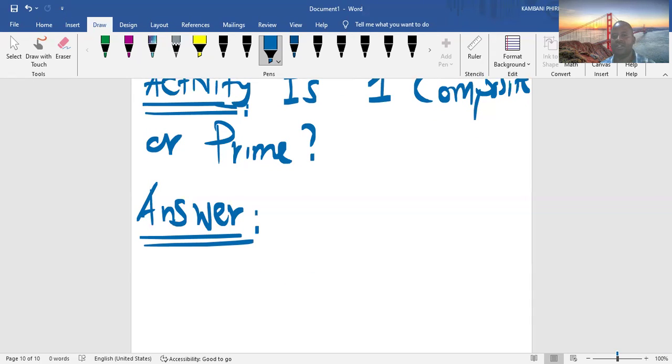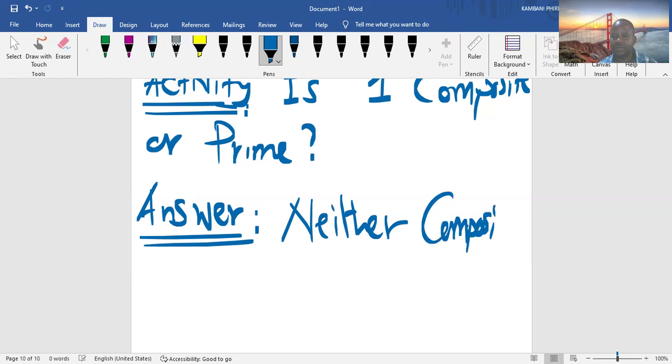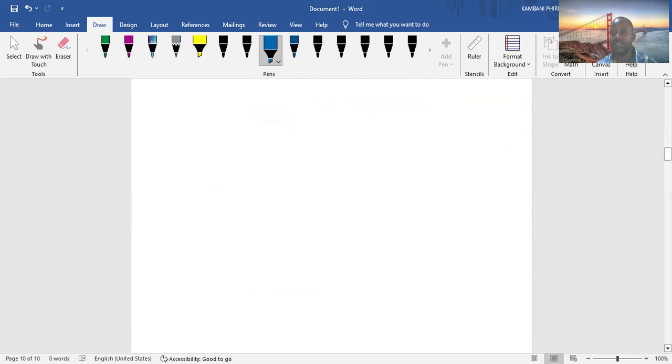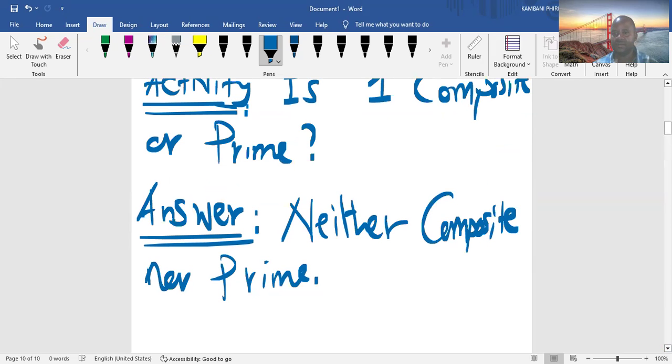Can I tell you? It is neither composite nor prime. That's the answer. It does not fit the definition of a prime number, neither does it fit the definition of a composite number. So it's neither of these. It's not a prime number. It's equally not a composite number. I hope you understand what a composite number is.